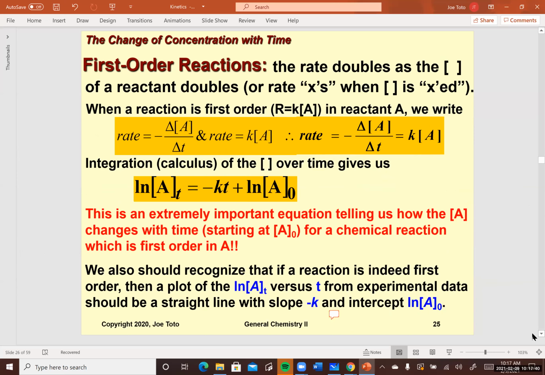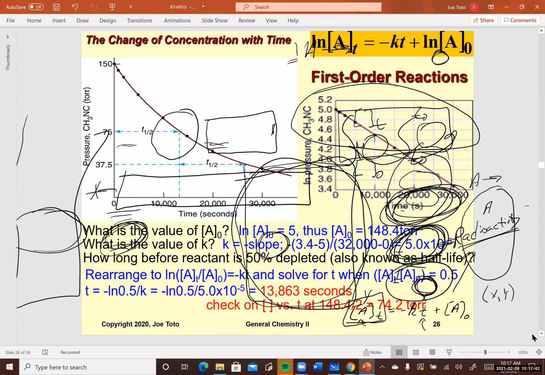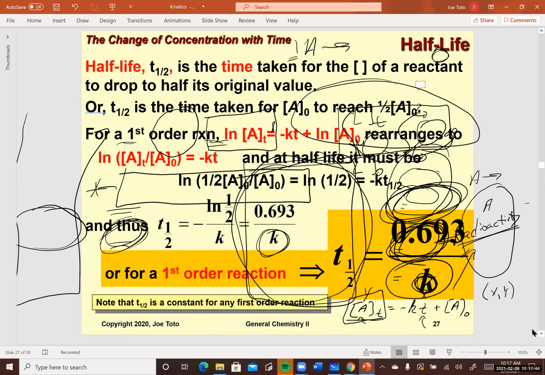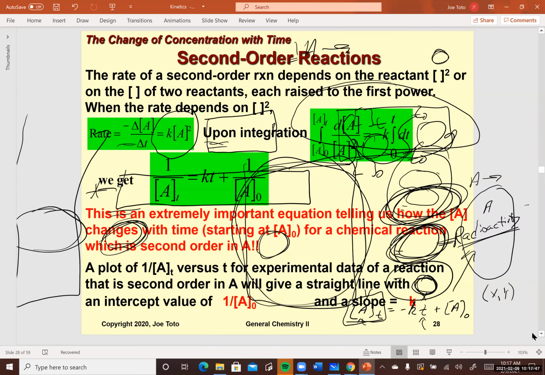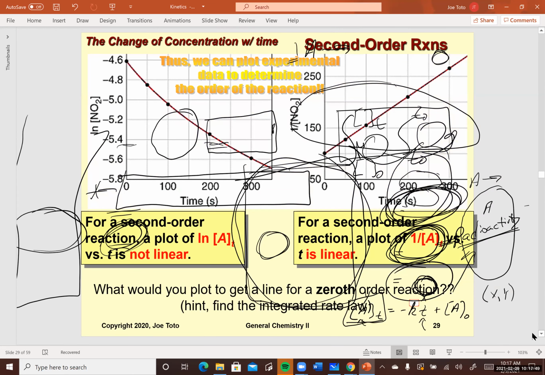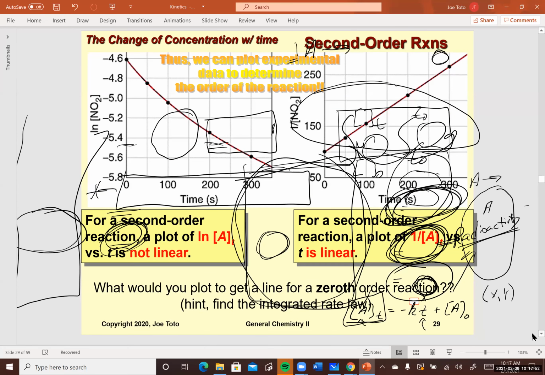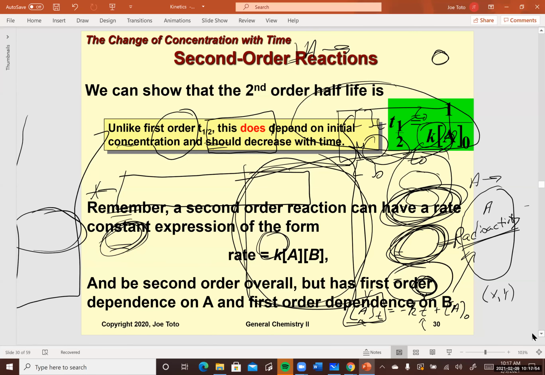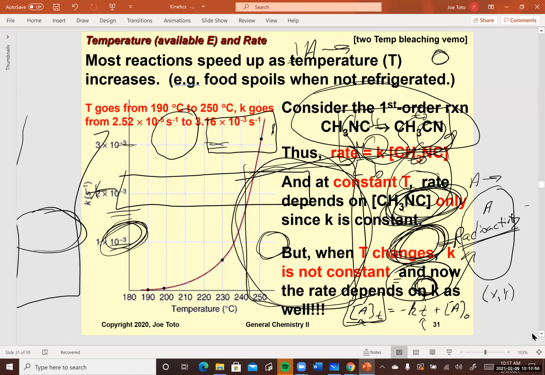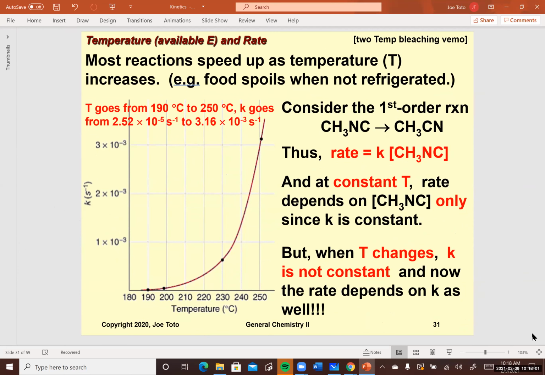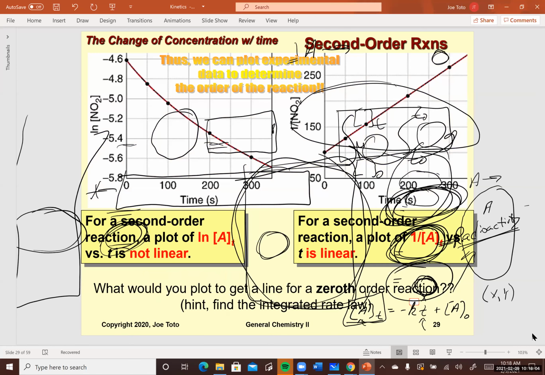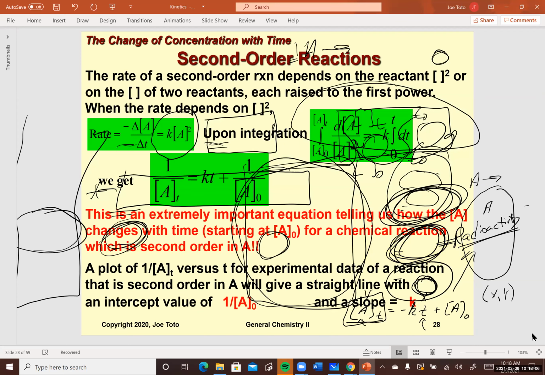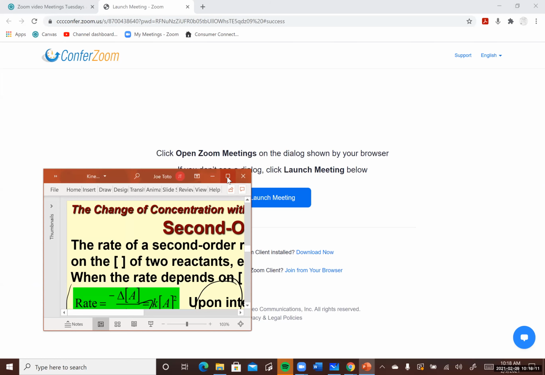All right, so what else do we have? I keep going the wrong way here. Oh, geez. Having some technical difficulties. I have to reopen that, I think.